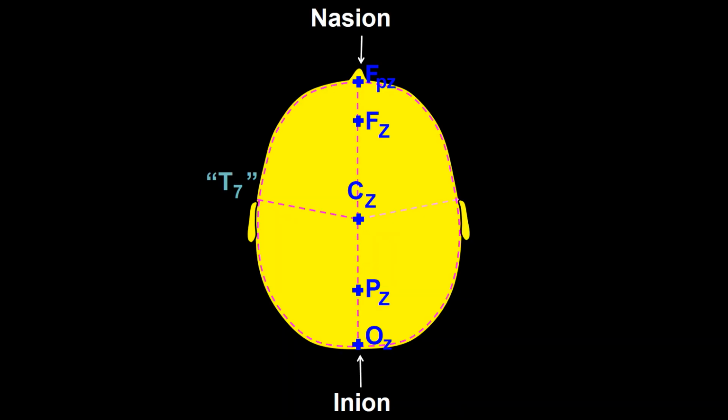So now, viewed from above, the head will look as you see in this frame. The sagittal line has been crossed by the circular line. In the front, indicated here by the formation of a cross, we mark the site for FPC, and in the back we label the OC site also by the formation of a cross.